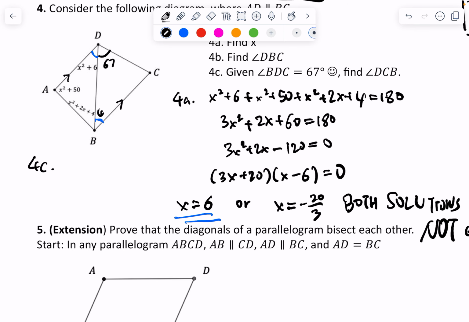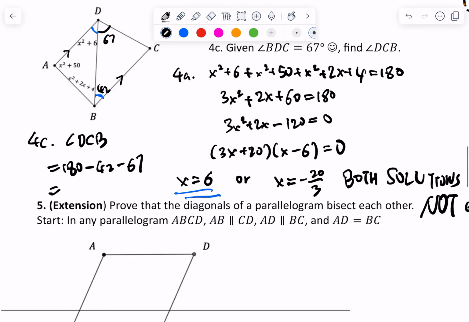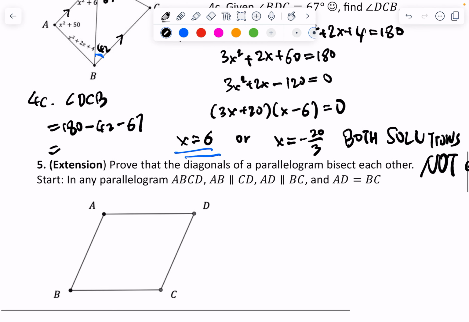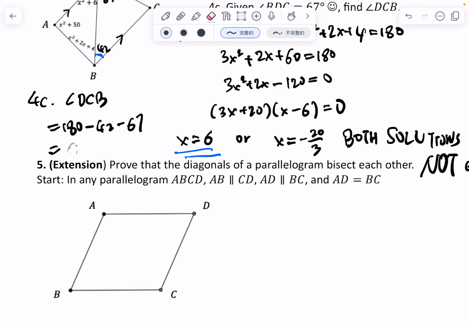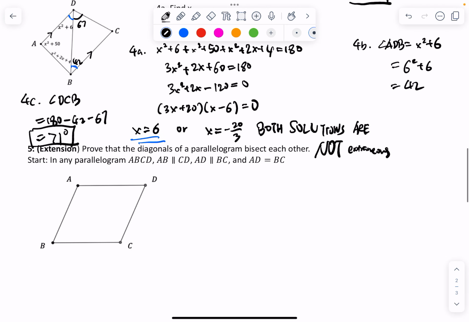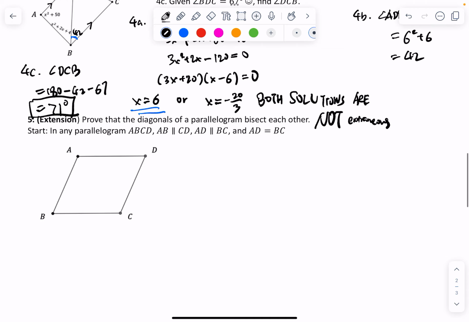We know that this is 42, this is 67, and then angle DCB is just equal to 180 minus 42 minus 67, which is 180 minus 109, 61, I think. Is that correct? Oh no, 71, my bad. 71 degrees. All right. I feel like these questions aren't that fun, but once you get to question 5, it's getting a lot more fun.